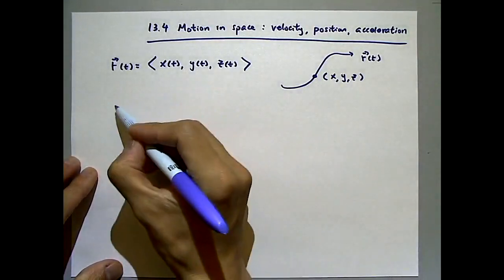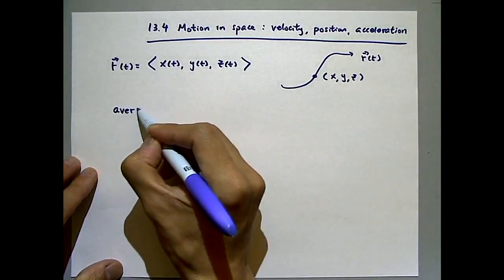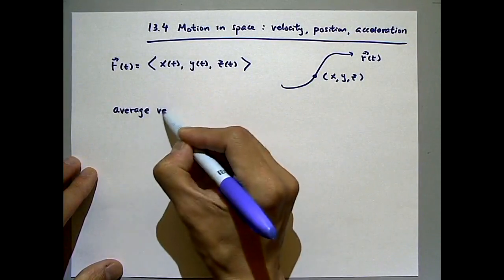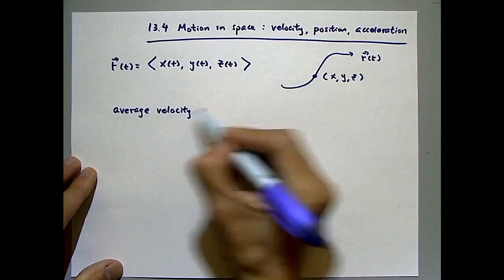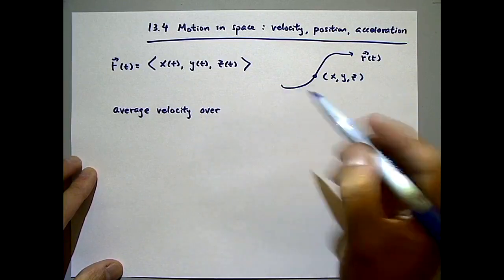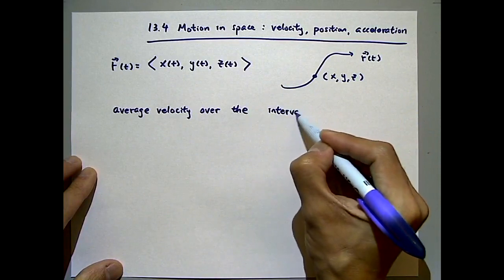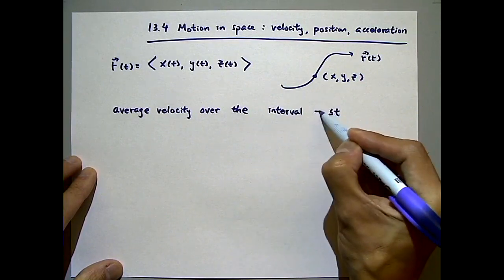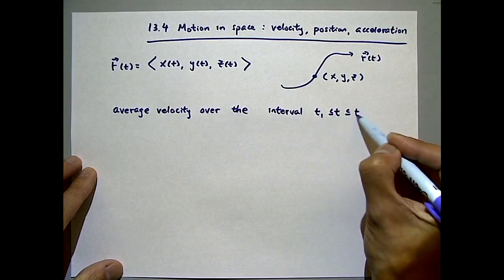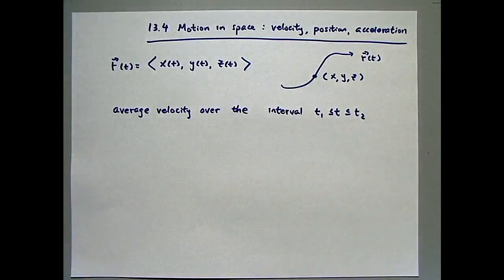For instance, if we want to find the average velocity over the interval t between t1 and t2, whatever t1 and t2 are, how would you find this? Think back to what you already know about the average velocity.